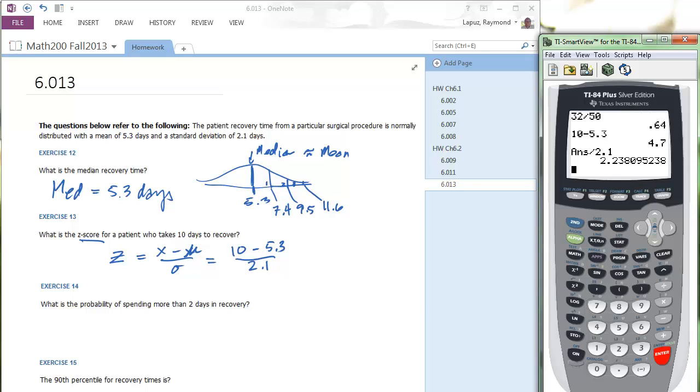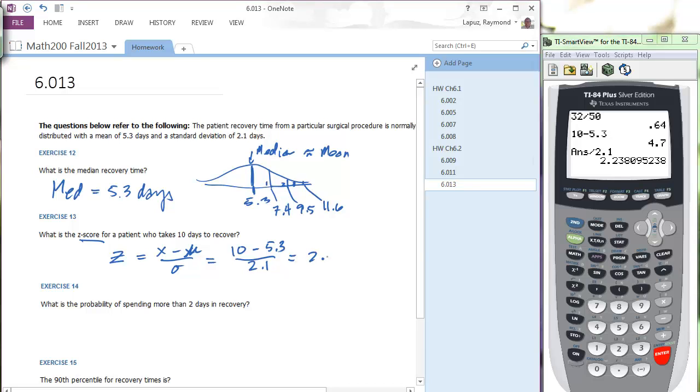The other way to do it is to put 10 minus 5.3 in parentheses, divide by 2.1. So we got our answer to be 2.238. Usually z-scores are rounded to 2 decimal places, so it depends what they're asking for.